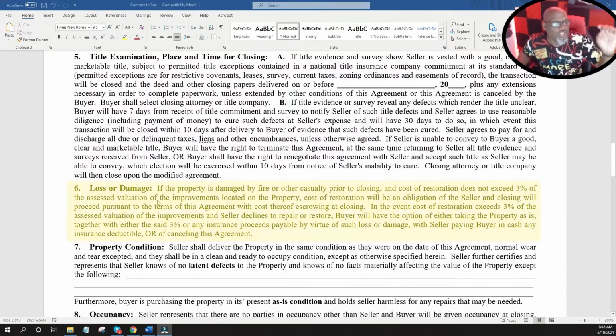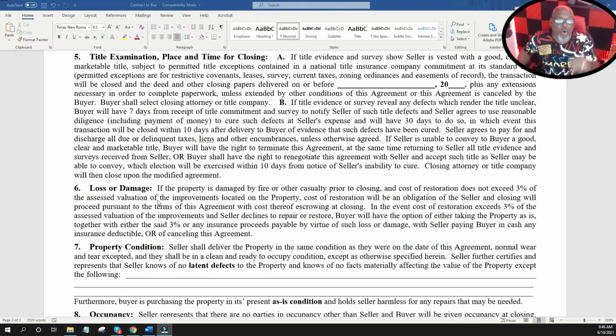Now, number 6, loss or damage. This section covers who's responsible if the property gets damaged before it goes to closing, from vandalism or from a fire, and the actual people that are responsible for curing this issue. So the way the contract is written, the seller is responsible for giving you the property or fixing any damage that is done to the property prior to closing that you have to approve.